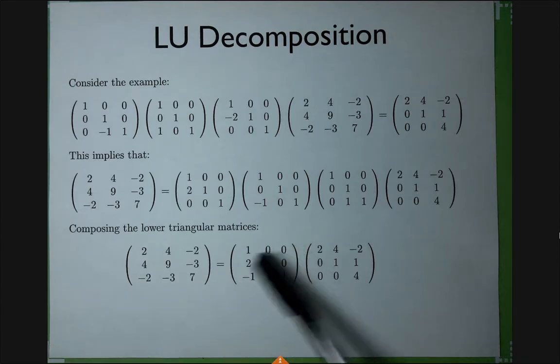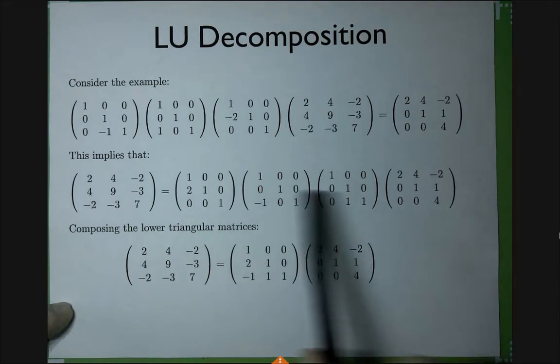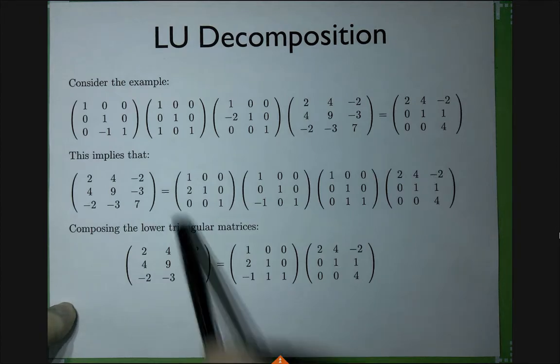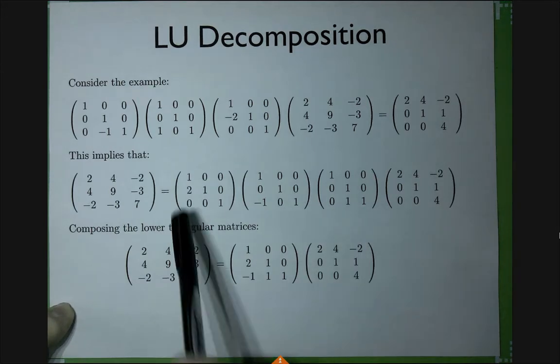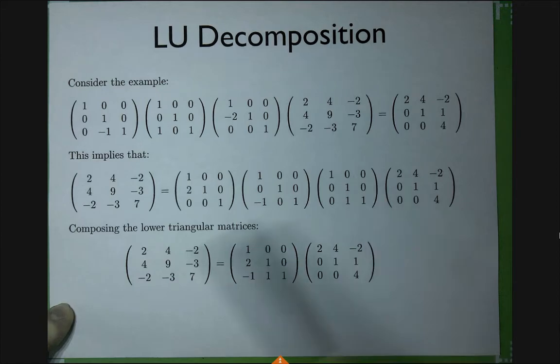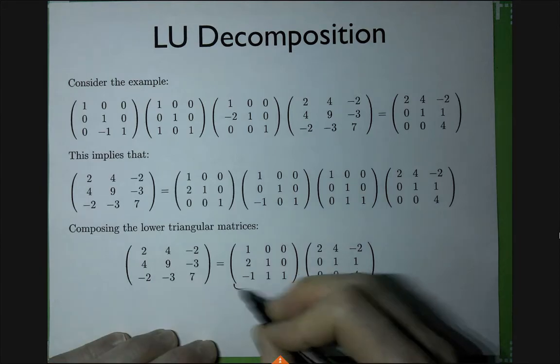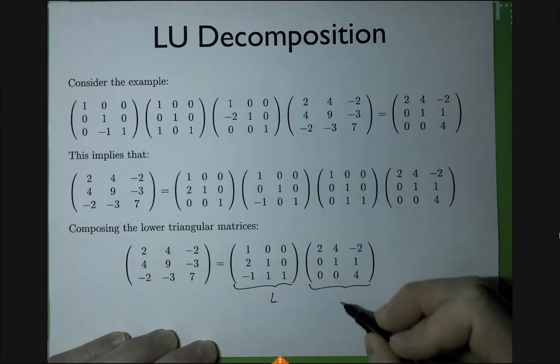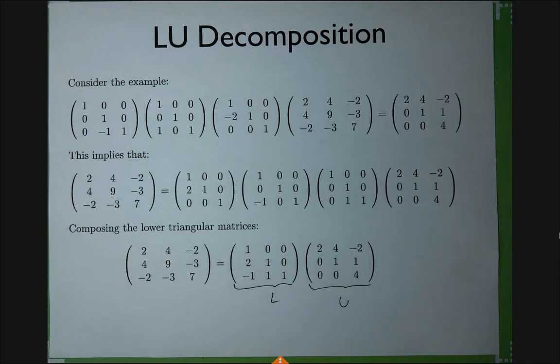And now I can just multiply all these lower triangular matrices together, and I get just one lower triangle matrix. The product of lower triangles is a lower triangle, as I showed you graphically. So I have an LU decomposition of my input matrix, which was nothing like lower triangle, or didn't really have any special structure, right?